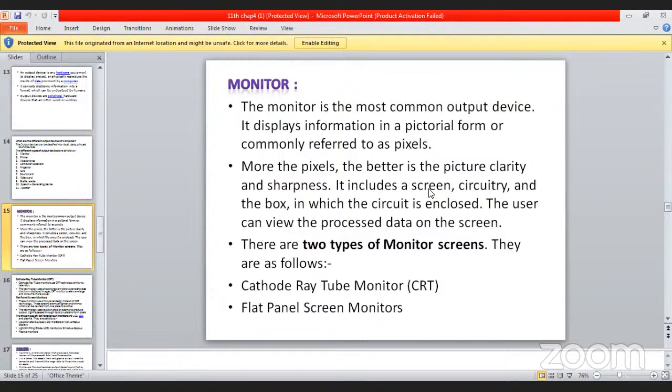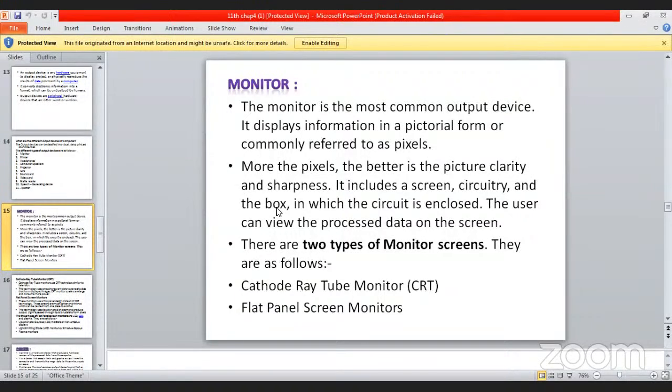It includes a screen, circuitry, and a box in which the circuitry is enclosed. It lets users see the processed data on a screen.